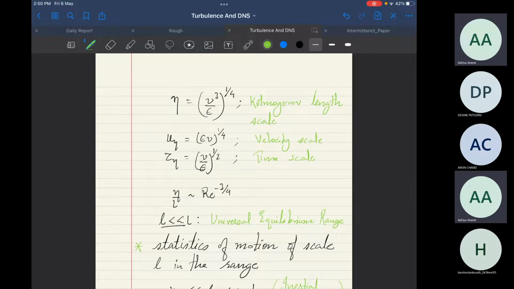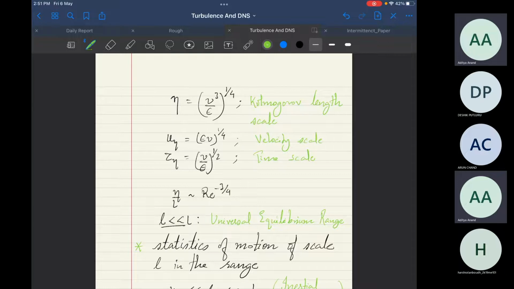The viscosity will have some dimensions of mass, length, and time, and your dissipation will also have some dimensions of mass, length, and time. You have to use a combination of these two parameters to get a term which has dimensions of just length. The length scale that you get using these two terms is called the Kolmogorov length scale. Likewise, you can also get a velocity scale and a time scale.